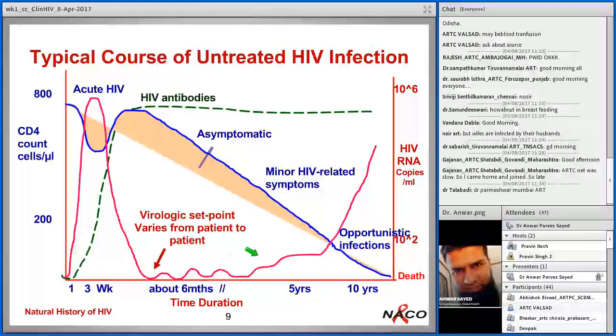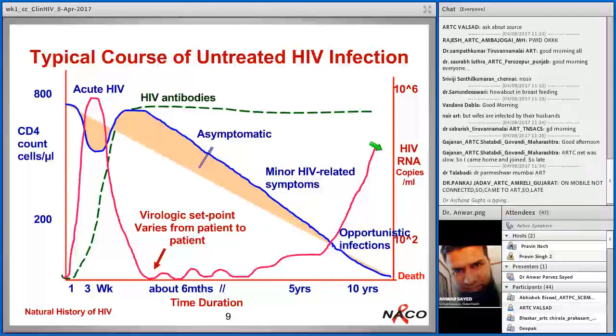The level to which the viral load is dropped is called the virological set point, which varies from patient to patient. It depends on the level at which this virological set point has settled, which will ultimately determine when a person ends up having AIDS. If the virological set point is higher up here, then the person will land up in the stage of AIDS early.